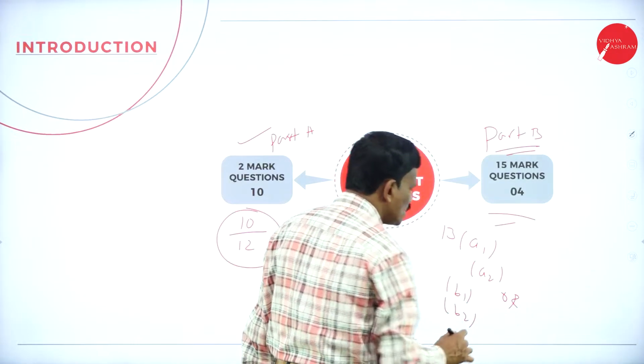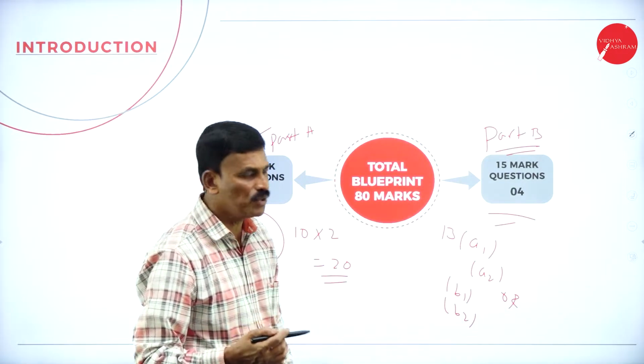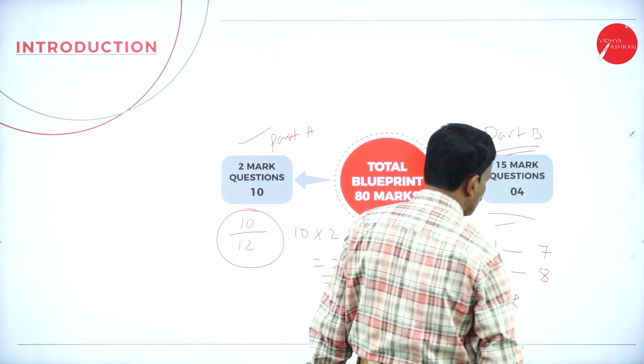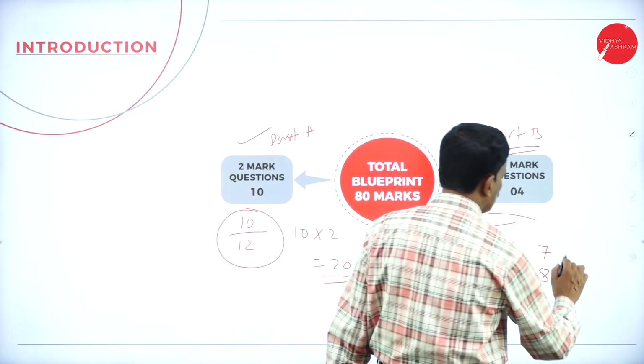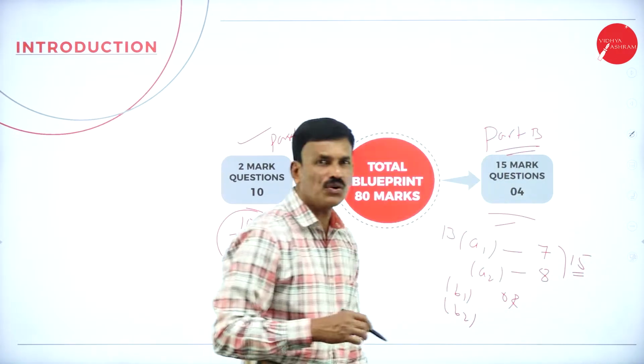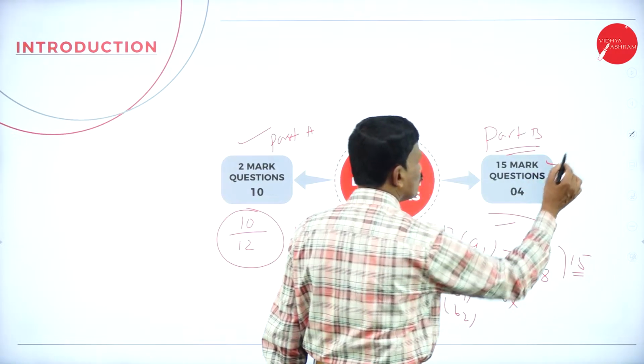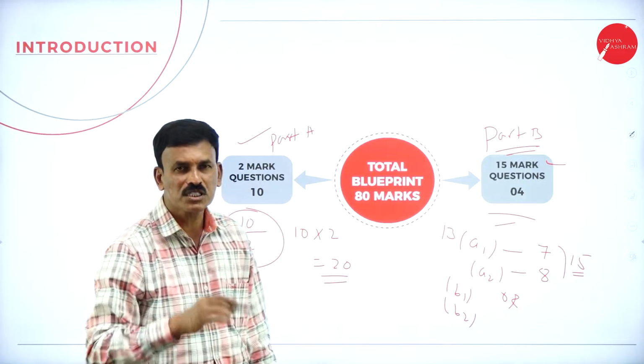You are going to answer either A1, A2 or B1, B2. The marks distribution may be 7 and 8 marks, 7 plus 8, totally 15 marks. So 4 questions you are going to answer in part B for 15 marks.